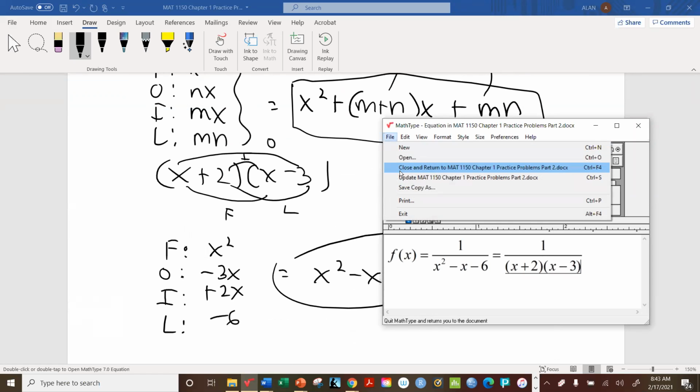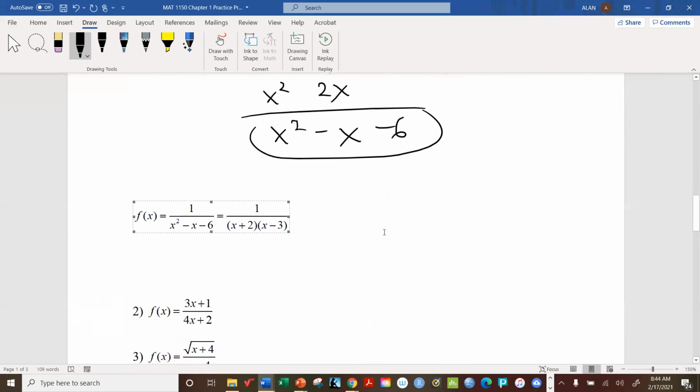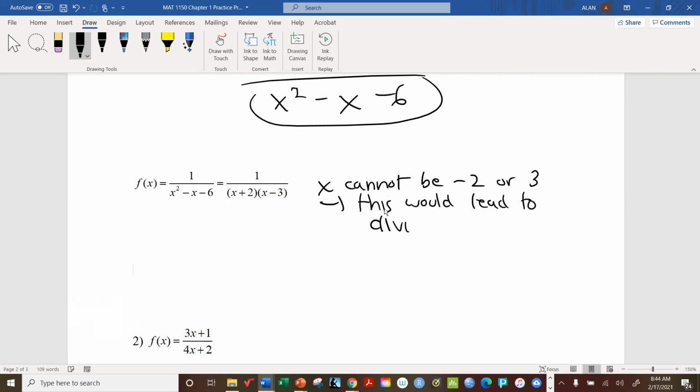Why does that matter? Because now it's clear that we cannot allow x to be -2 or +3, because that would lead to division by 0. And that's exactly what we have to avoid.